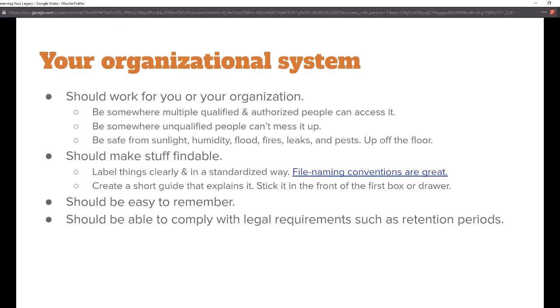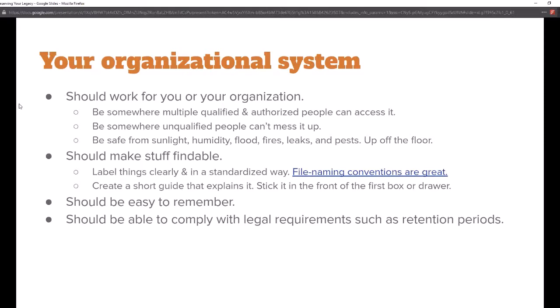So having things labeled clearly and findable, not just for you, but for the person who processes this stuff or keeps it in order for you or tidies up after you is really important. You are not always going to be paying that much attention to how you file things, so labeling things clearly and standardized and having a guide that explains to future you how past you did it is always nice.